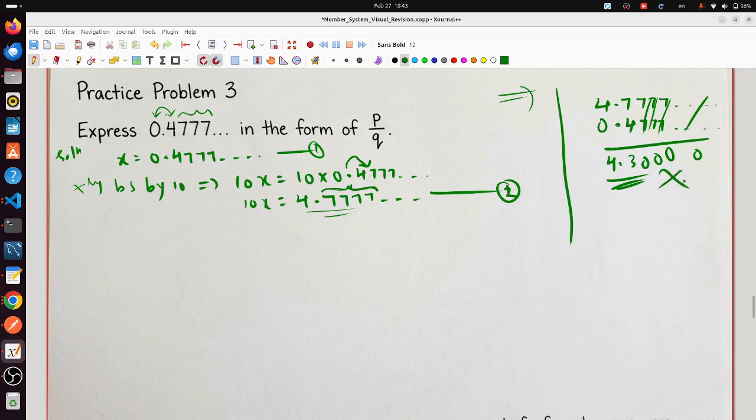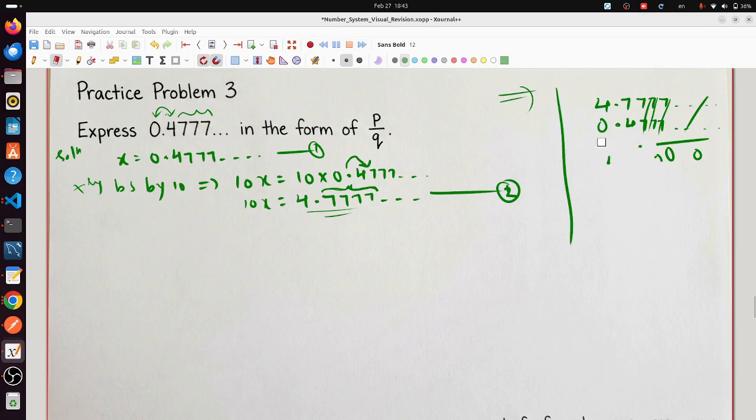This is wrong. We will end up with 4.3. Further simplifying, 10x minus x equals 4.3, right? That is 9x equals 4.3, so x is 4.3 by 9. This is again in decimal form. This is completely wrong. This mistake you should not make.